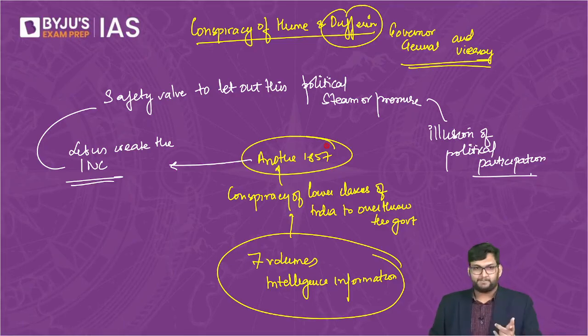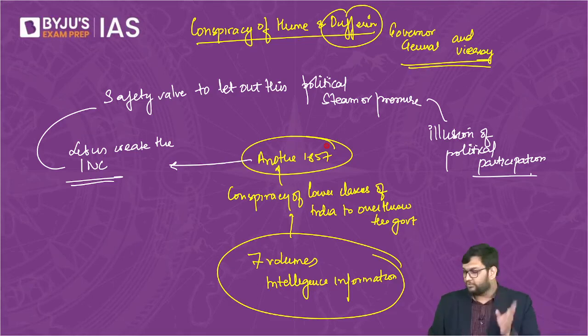So Lala Lajpat Rai is not trying to actually say, he's trying to express his frustration. So Lala Lajpat Rai's words should not be seen as the testimony that it is a safety valve. He's just trying to criticize the moderate leaders.